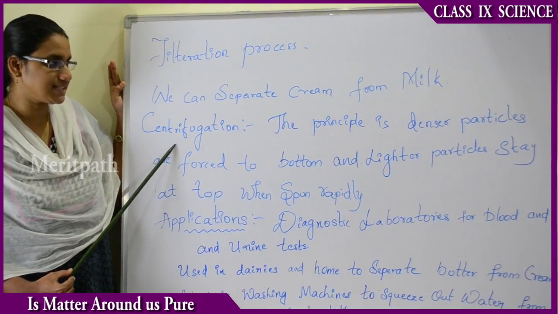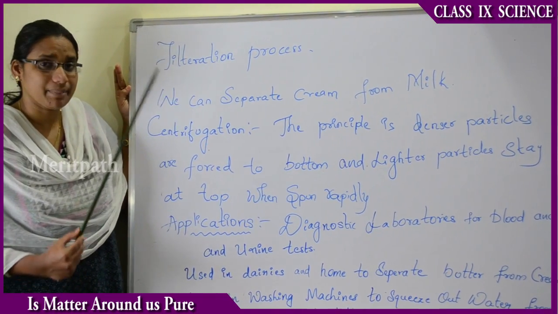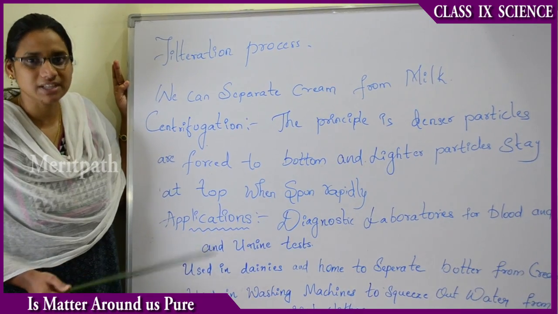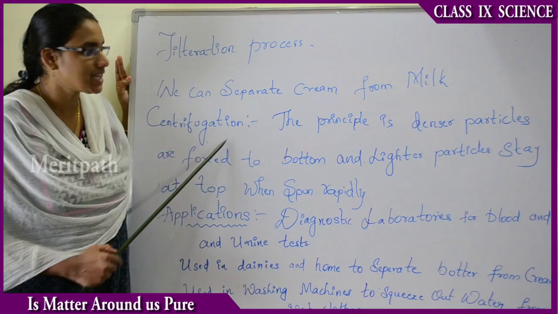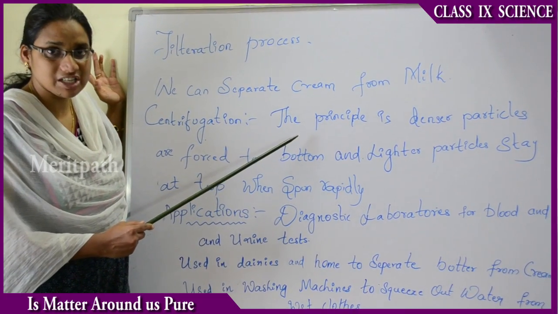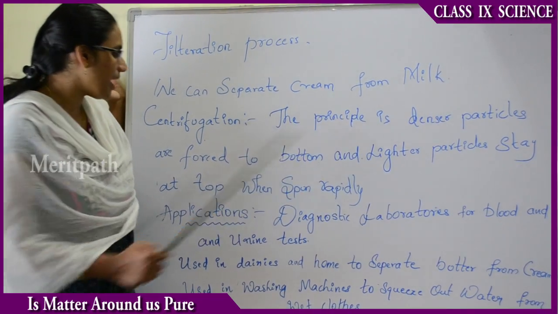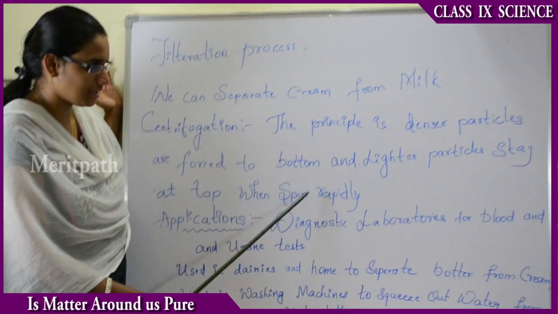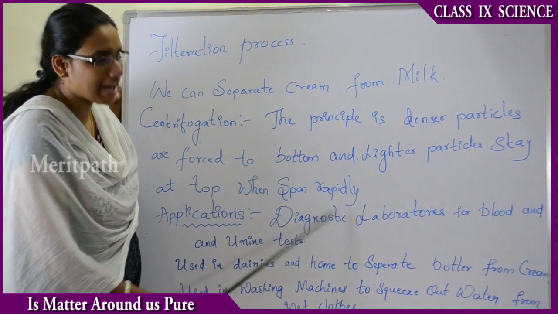This process is done in order to separate perfectly and make pure substances from the mixture. The principle is: denser particles are forced to the bottom and lighter particles stay at the top when spun rapidly.